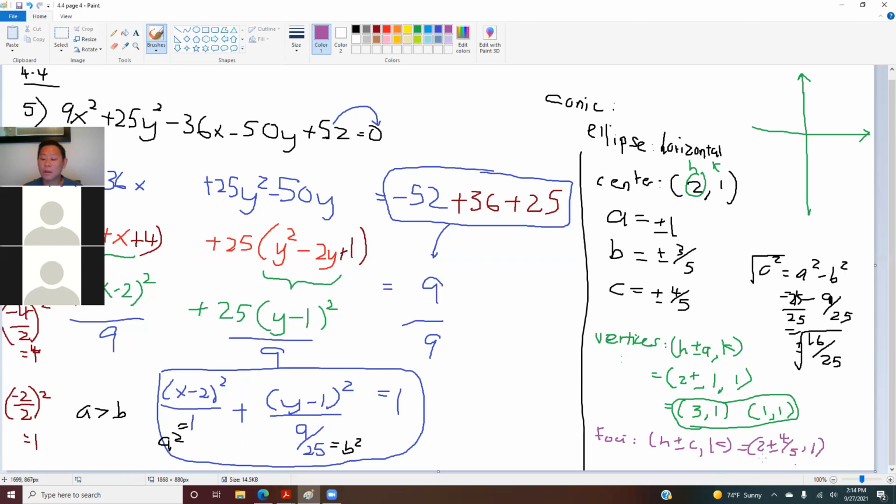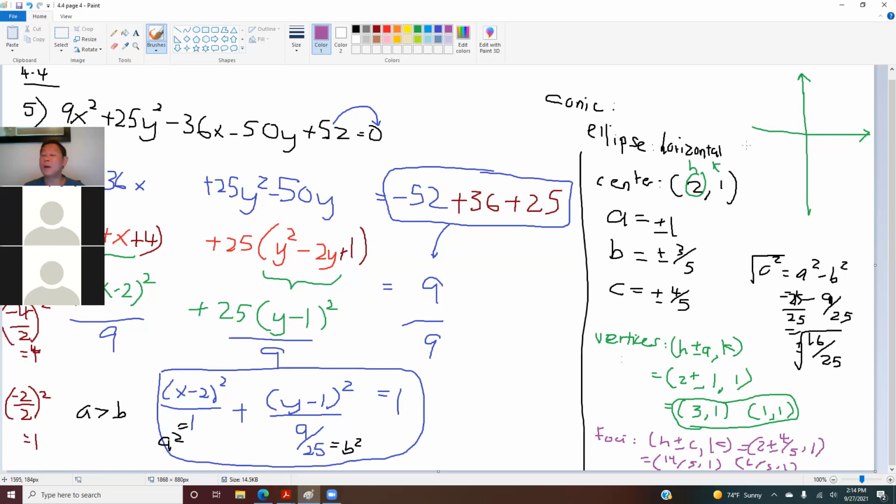Your K is still 1. So again, you have to use your calculator and figure out what is 2 plus 4/5 and then 2 minus 4/5. 2 plus 4/5 is 14/5, 1. And then 2 minus 4/5 is 6/5. So this coordinates is the foci coordinates.